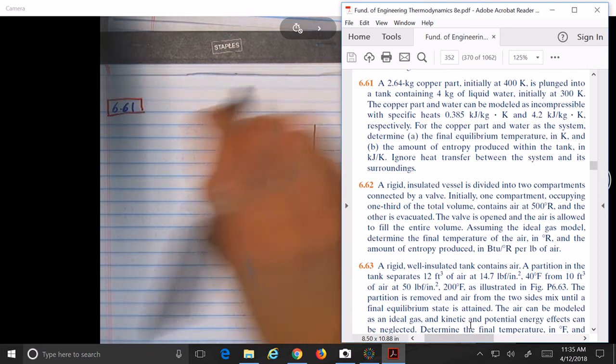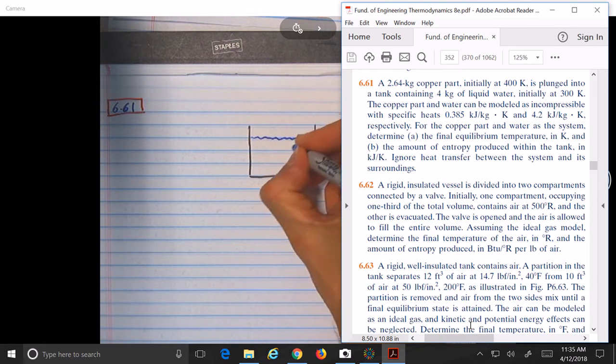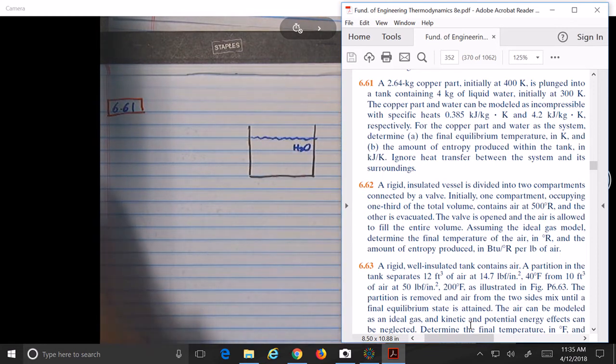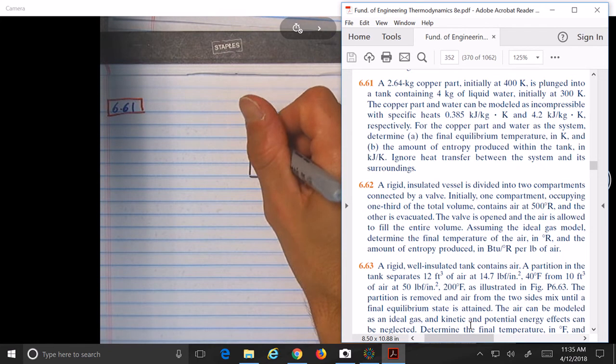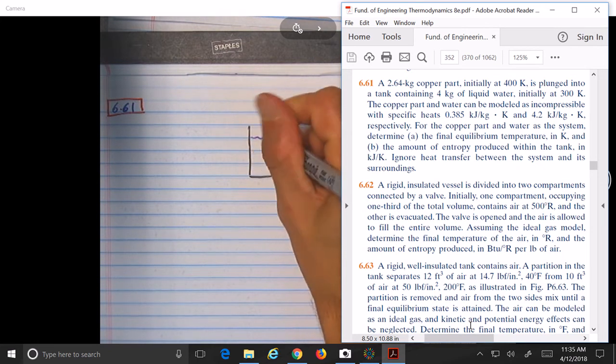So let's say this is our tank. This is our water. And what are we doing? We are plunging a copper part, so I don't know how to draw this.